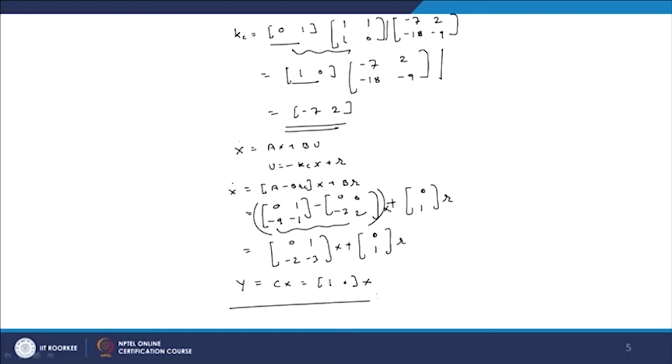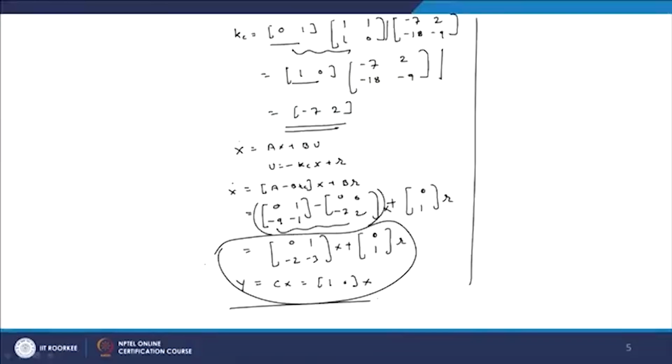So, we will find that by considering the controller in the system, we have got the state space model in this form: x dot equals A minus BK x plus B into r, and y equals Cx. Now, we will find that this particular system is in companion form, [0 1; -2 -3], and here [0 1], C is [1 0].